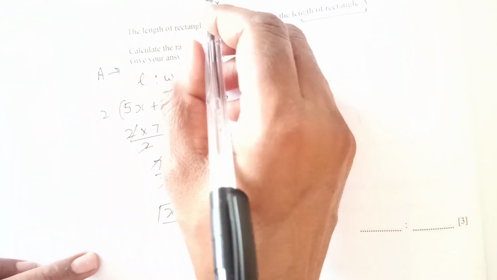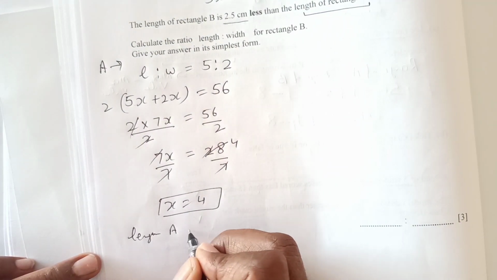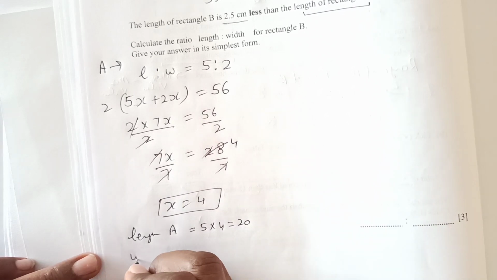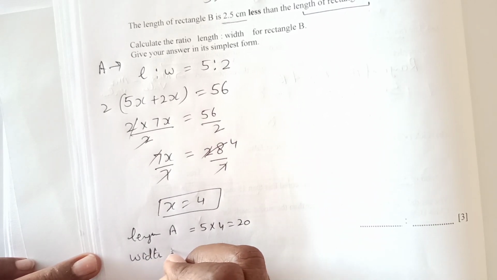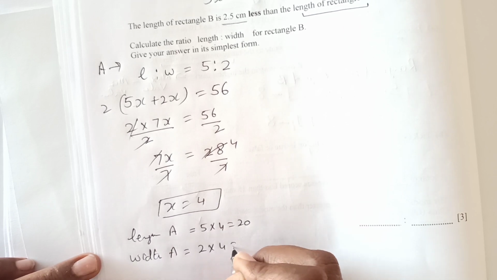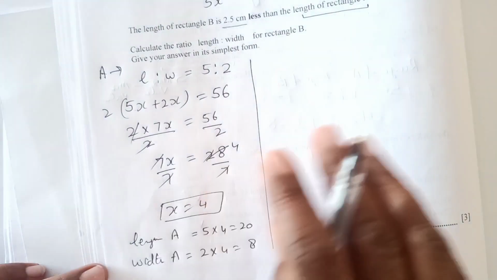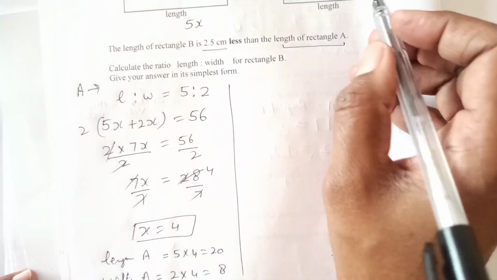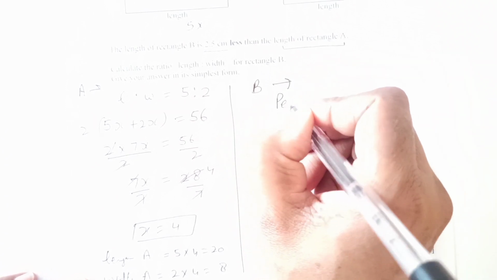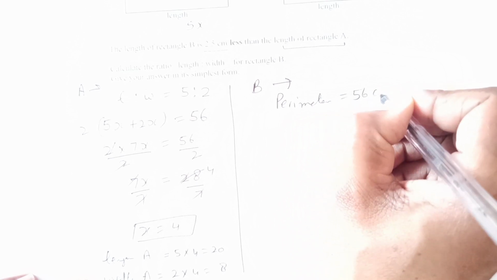X is 4, meaning the length. So length of rectangle A is 5 times 4, which is 20, and the width of this A is 2 times 4, which is 8, right? Now for the rectangle B, we have the perimeter given to us, 56 centimeters.